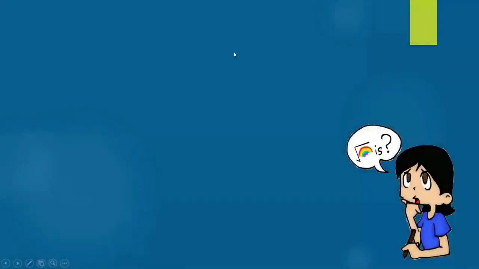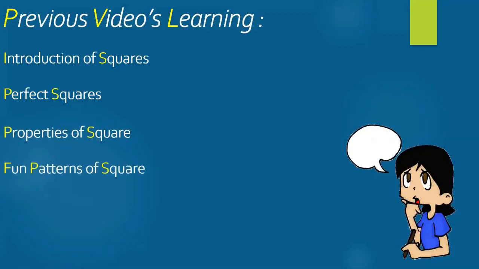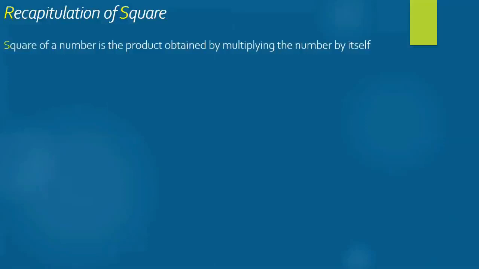The concepts that we learned in the previous video are interaction of squares, perfect squares, properties of squares, and fun patterns of squares. So let's recapitulate the concepts of square. Square of a number is the product obtained by multiplying the number by itself.